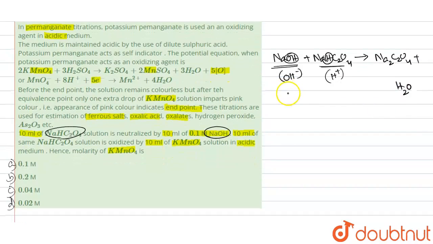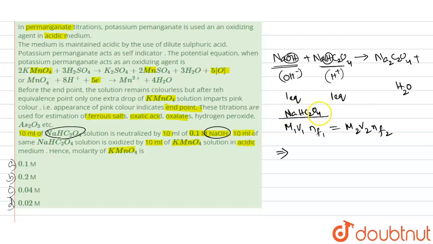Now as we can see, one equivalent of NaOH is reacting with one equivalent of NaHC2O4. So we can apply this relationship, that is M1V1NF1 is equal to M2V2NF2. This is the equivalent relation of titrations. Here this side is for sodium bioxalate, NaHC2O4, and this side is for NaOH.